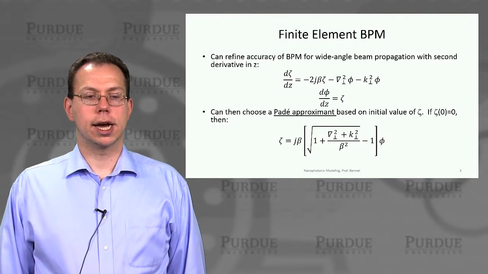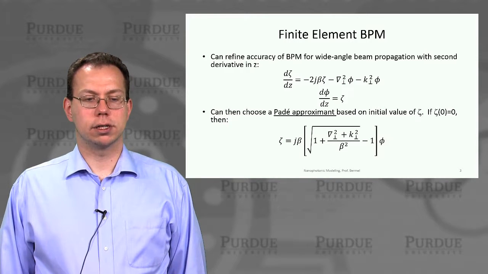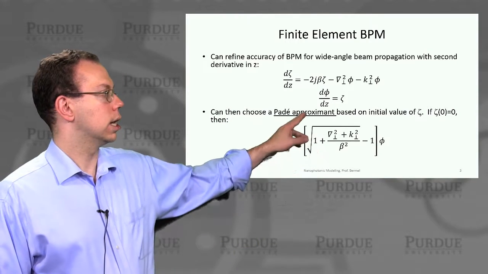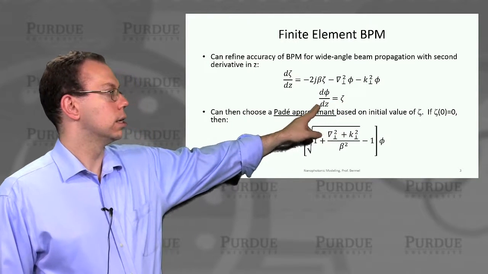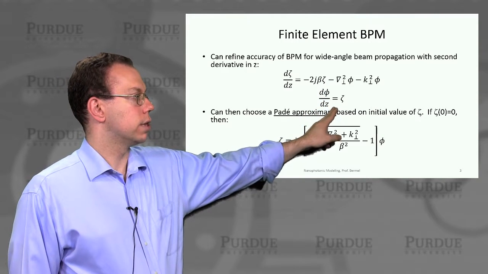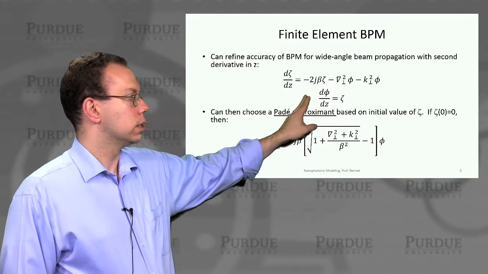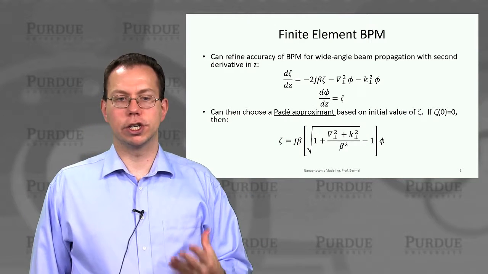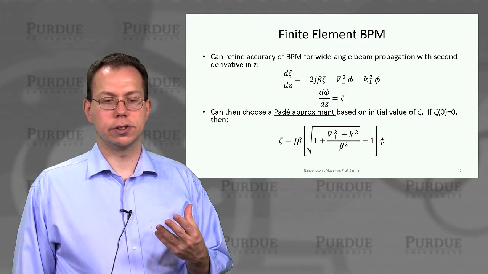In the context of the finite element beam propagation method, remember that we had already written down a solution and the expressions for propagation, and we can now include a second derivative of phi, which looks like this. This is going to be a little more accurate than the earlier versions of the finite element method that we used, which only had the first order derivative.